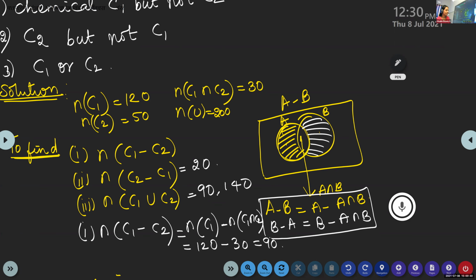What is the answer, Rahul? 140. Okay. Dia, you check your answer. Anashwarya, what is N of C1 union C2? 140.